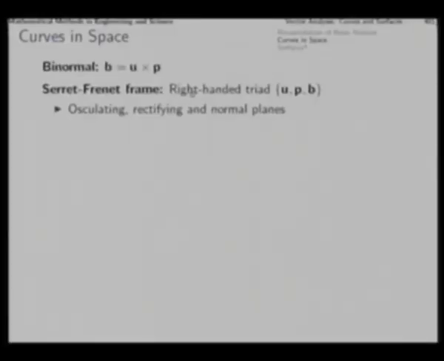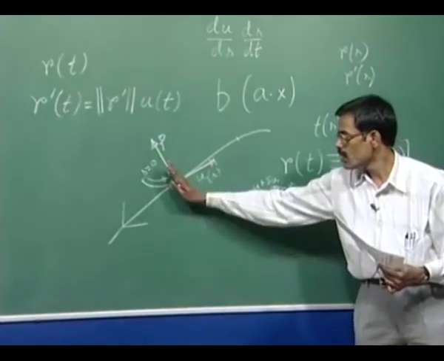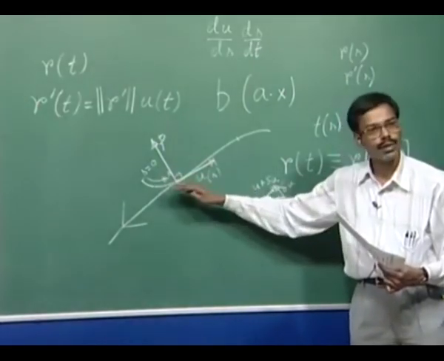Now, in this frame you can directly describe the osculating plane, which is the plane formed by u and p, and then if you consider the plane formed by u and b, that is called the rectifying plane, and the plane formed by p and b, the two normals, that is called the normal plane, because that entire plane formed by p and b is normal to the curve.